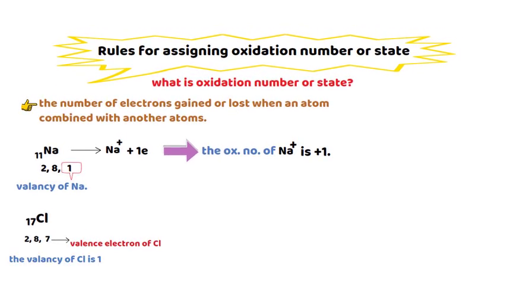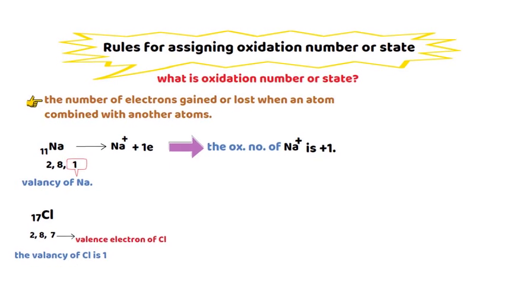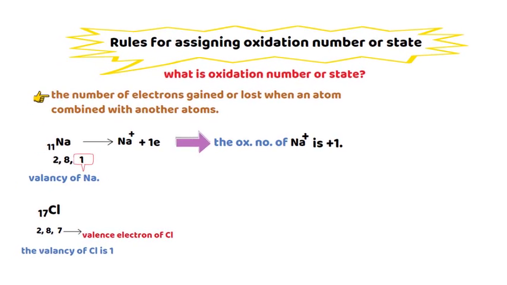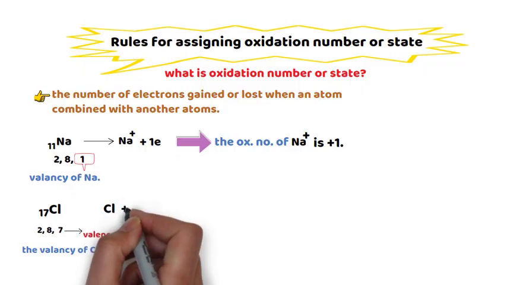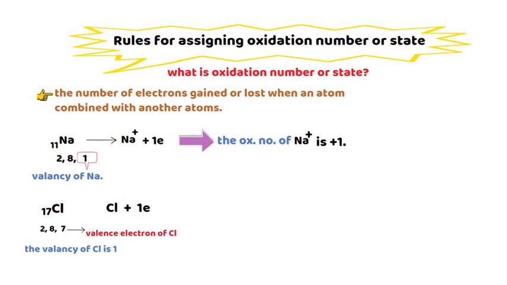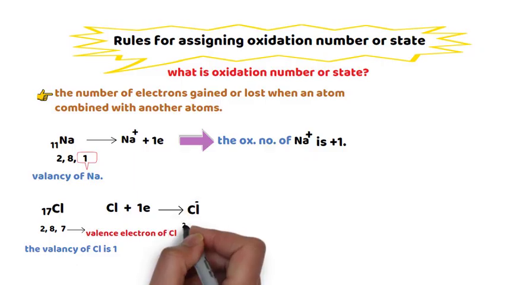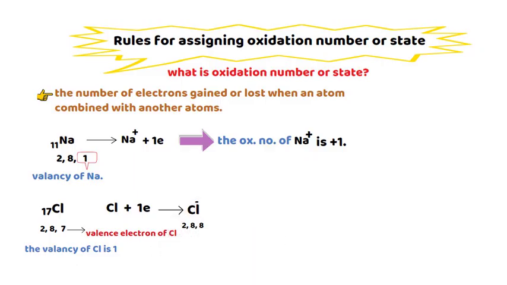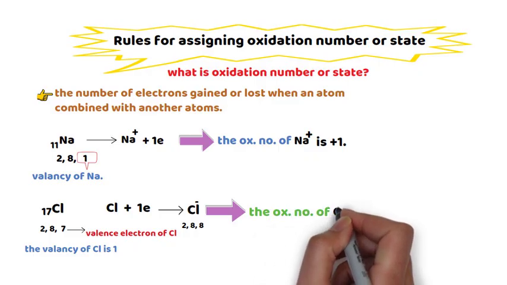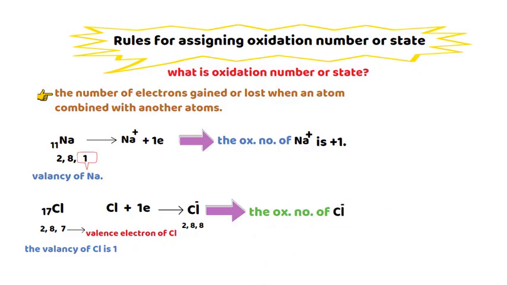That means chlorine needs 1 electron to have 8 electrons in its outermost shell. Therefore, chlorine atom gains 1 electron to form chloride ion. Now chloride ion has 8 electrons in its outermost shell. The oxidation number of chloride ion is -1.